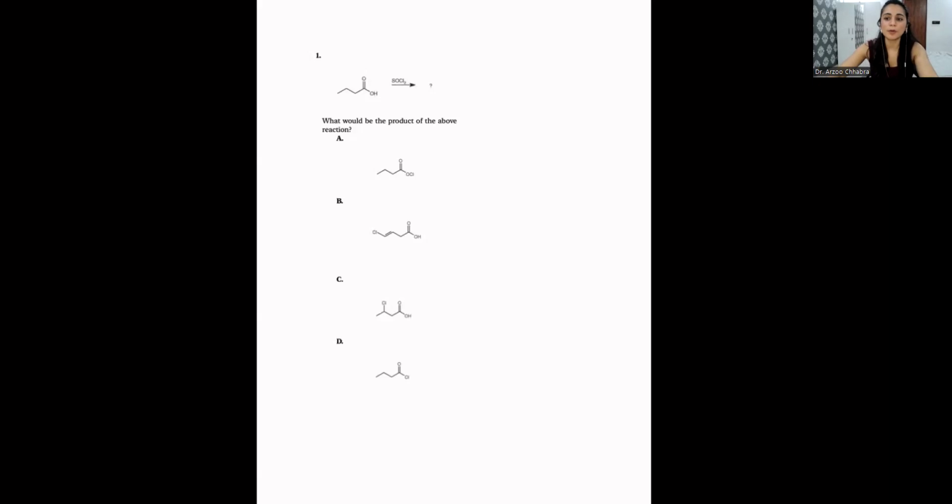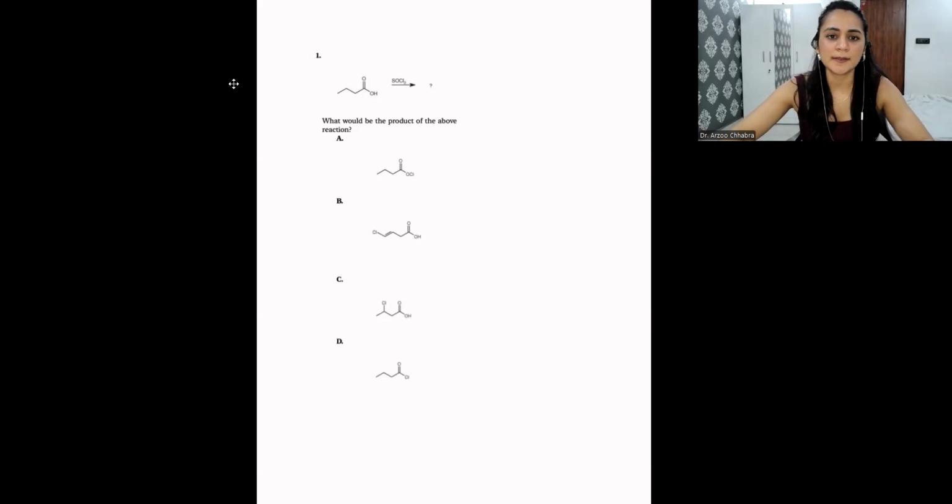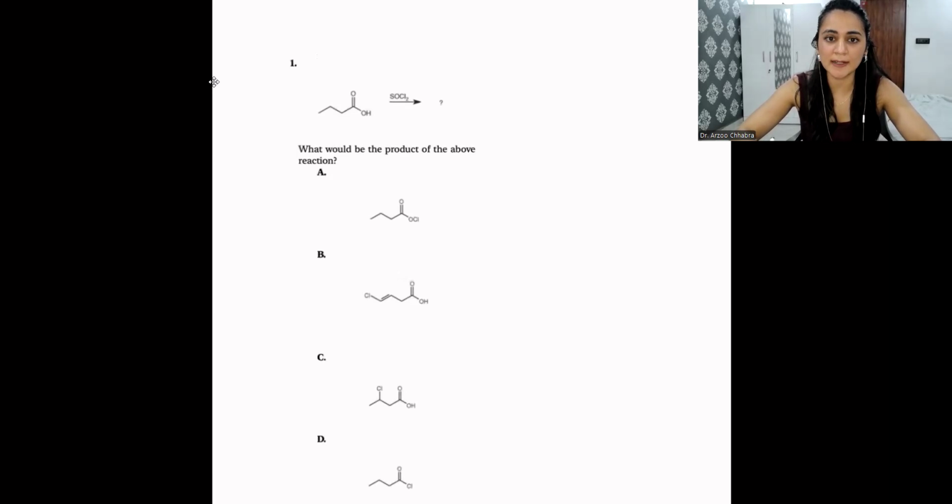All right, so the first problem is: what would be the product of the reaction above? When we look at the reaction over here, this is a carboxylic acid, and we are reacting that with thionyl chloride, SOCl2.